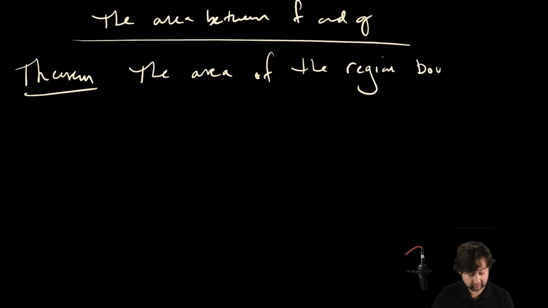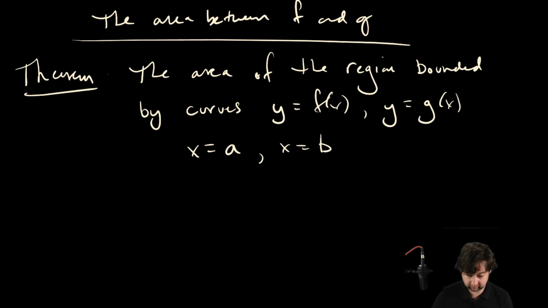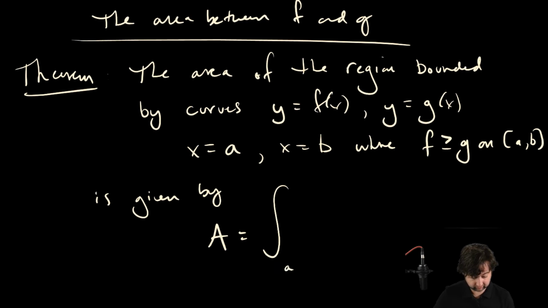Of the region bounded by curves y is equal to f of x, y is equal to g of x, x is equal to a, x is equal to b, where f is greater than or equal to g on the interval from a to b, is given by A equals the integral from a to b, f of x minus g of x dx.